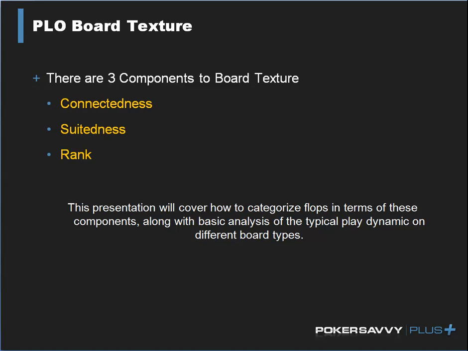Suitedness, you got rainbow boards, suited boards, monotone boards, and the main thing to study there is the effect on equities, the different ways that hand ranges interact with those boards when they can have a different set of combo draws and so on. So we'll definitely talk about the impact of suitedness on board texture, the differences in suited and rainbow boards and so on. But it's not a major focus just because of putting together board texture categories, just because it's relatively simple.